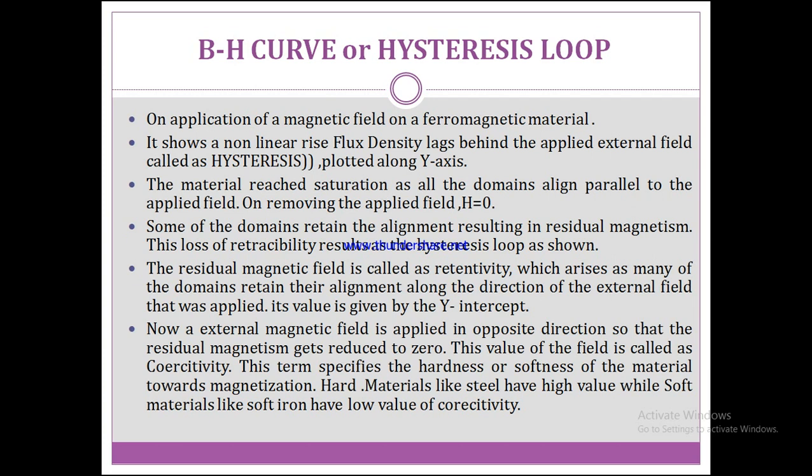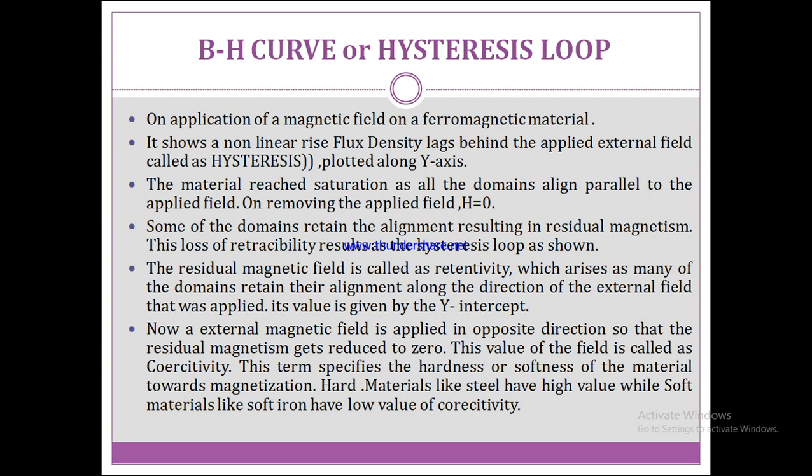On removing the applied field, H is equal to 0. Some of the domains retain their alignment, resulting in a residual magnetism. This loss of retraceability results in the hysteresis loop as shown.